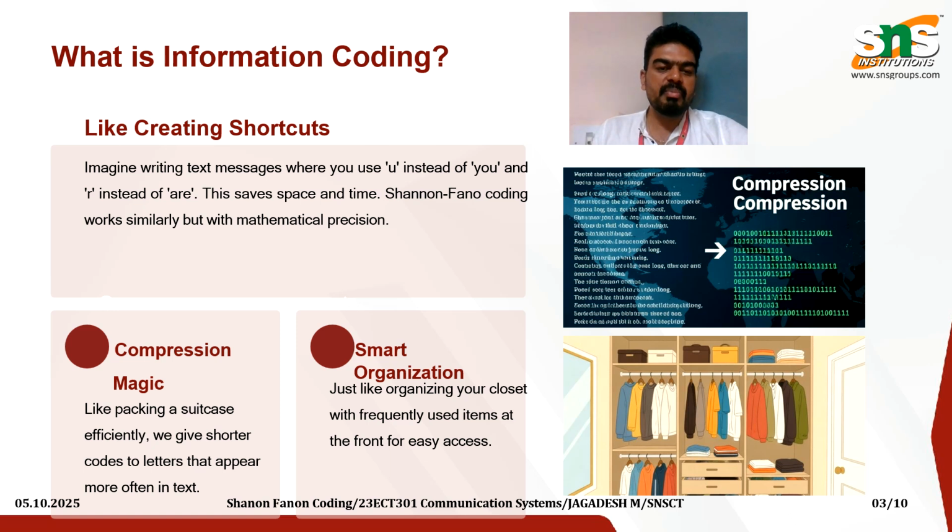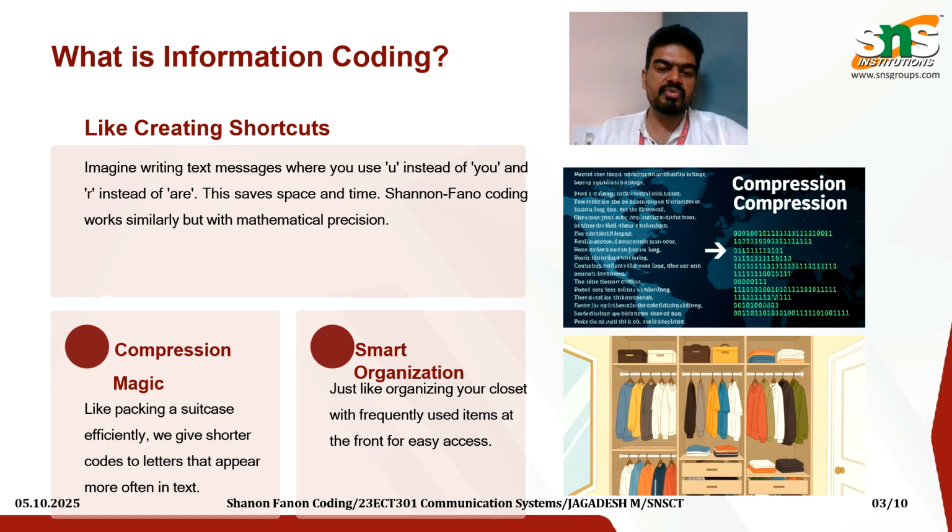So what is actually information coding? It is like creating shortcuts. As I said already, instead of where are you in a full format, we usually mention WRU. And how are you? HRU. What are you doing? WDDNG. So creating a shortcut is one of the methods to reduce the memory and also compress the data.